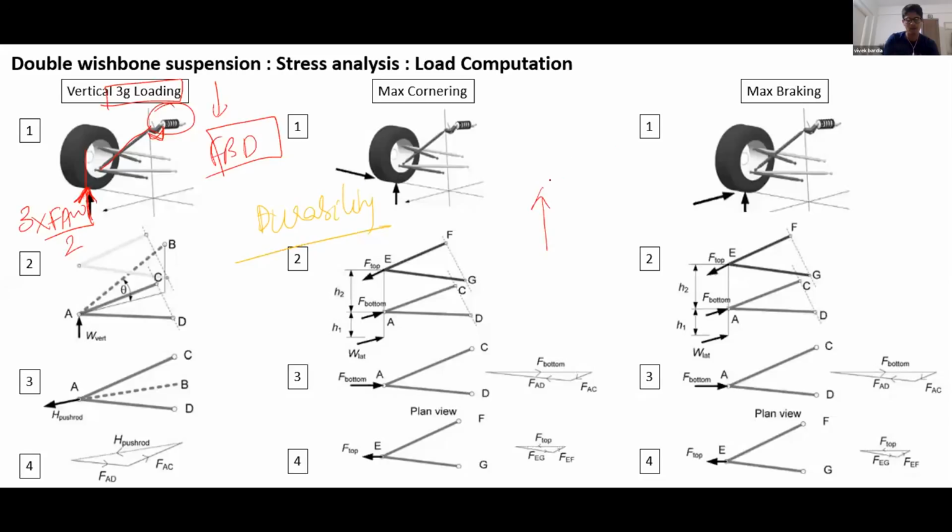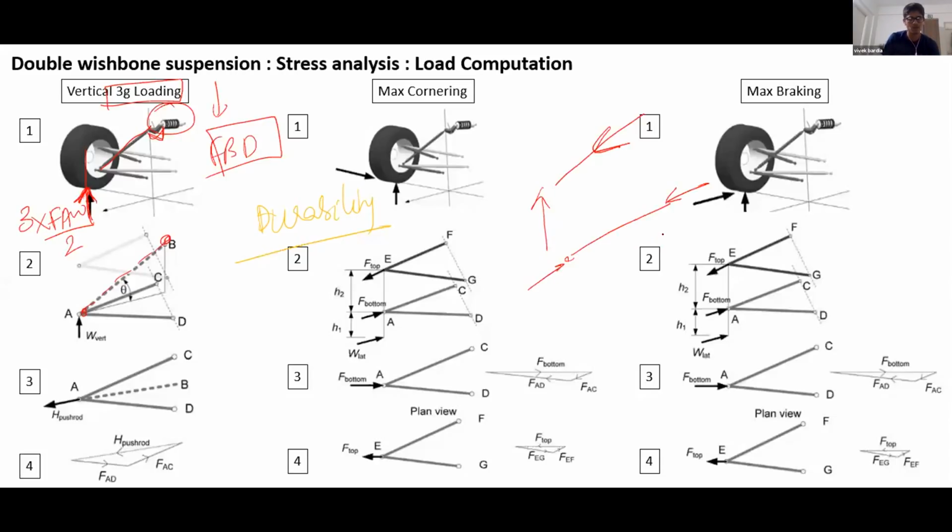You have a vertical load, and this is your arm, which is resisting the force in this direction. What you'll see over here is the arm is over here, the length AB, right? So your arm reacts the force in this direction. The total force which your arm takes is along the link, right? So you know the force which your link takes.